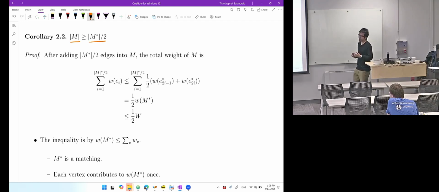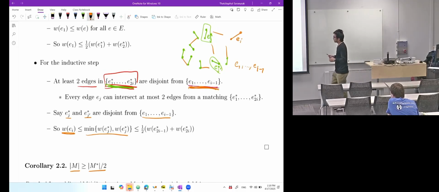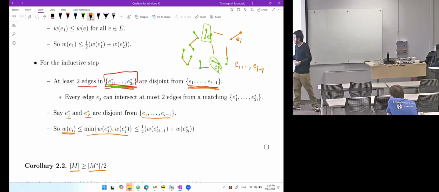What you need to do is, so don't look at this yet. The way that we construct M is that we keep adding edges into M as long as the total weight is not too big. And I want to say that even after I add this many edges into M, the weight is not too big yet. So that would prove that M is as big as this one.